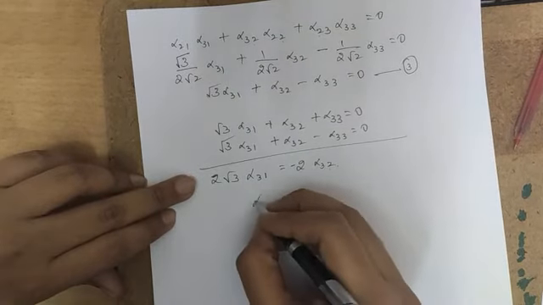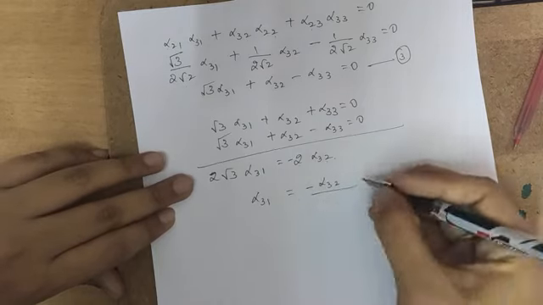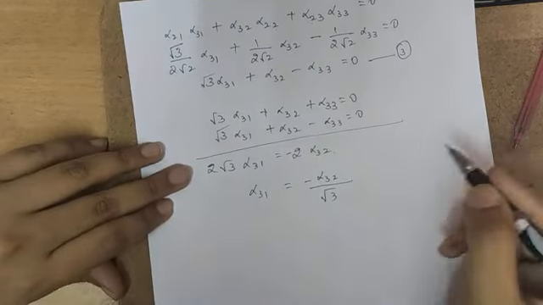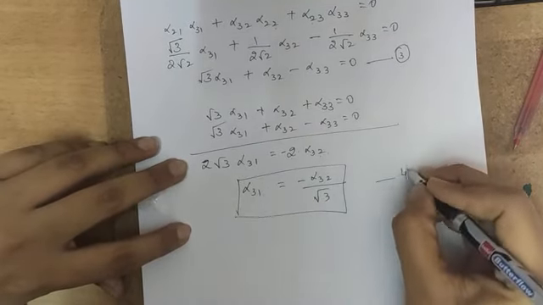So alpha 31 will be minus alpha 32 by root 3. 2 gets cancelled. So now I got the value of alpha 31. I will call this equation number 4.